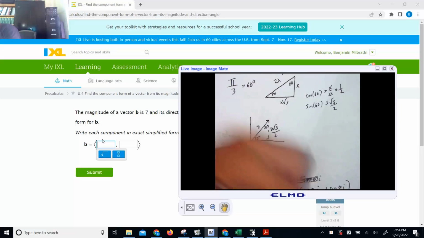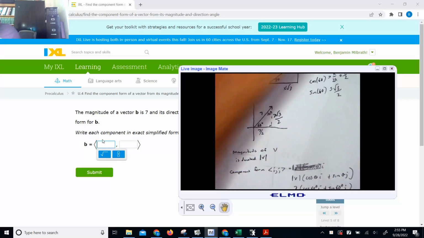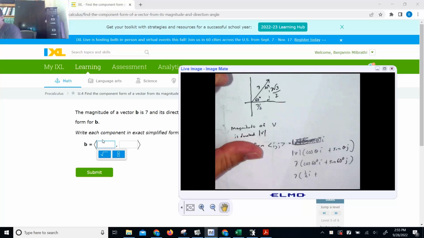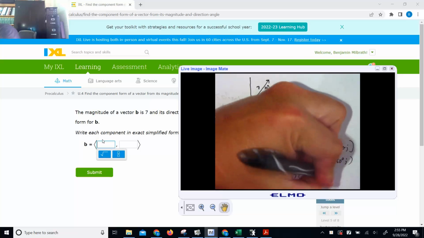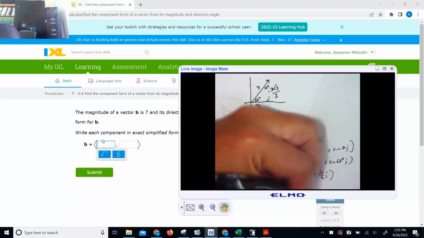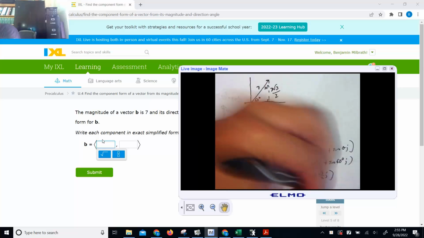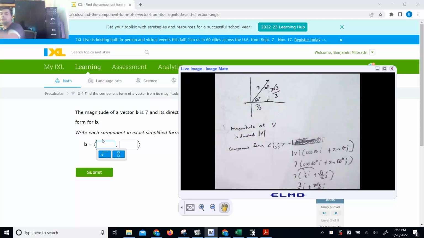So 7 parentheses, the cosine of 60 was a half, 1/2 i, plus sine of 60, root 3 over 2 j. Sorry, I got that window so small so we can still see the problem. Then you just invoke your distributive property. 7 times a half is 7/2 i, plus 7 times root 3 over 2, 7 root 3 over 2 j.